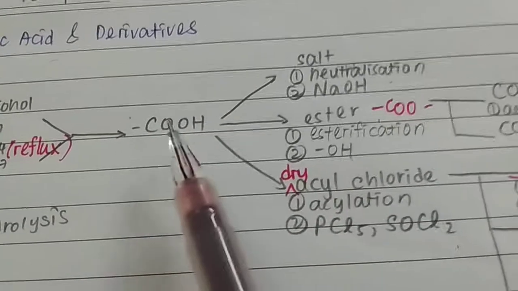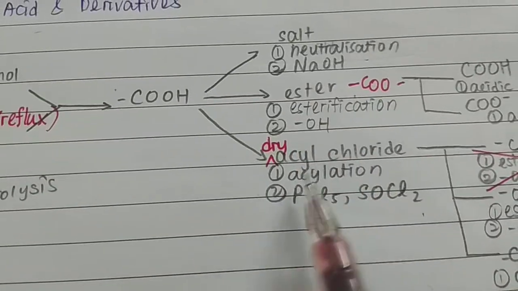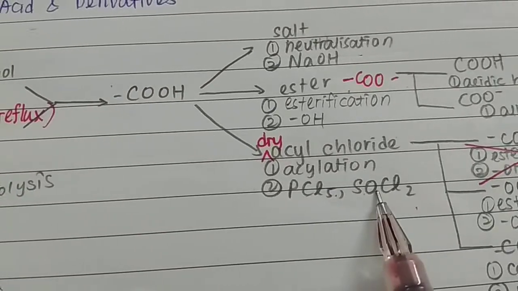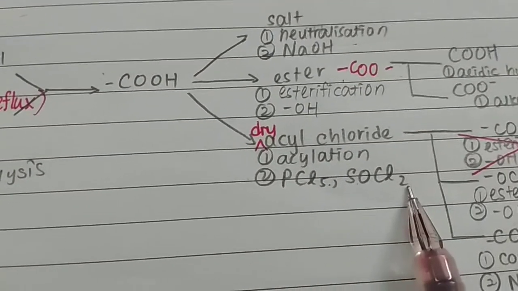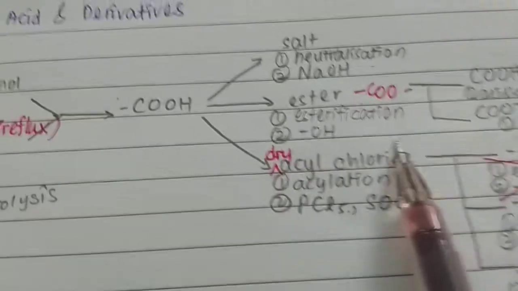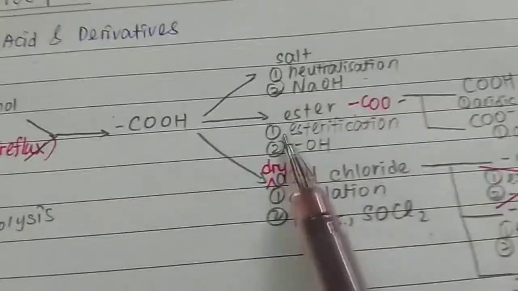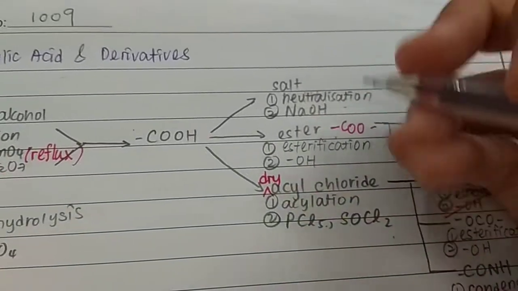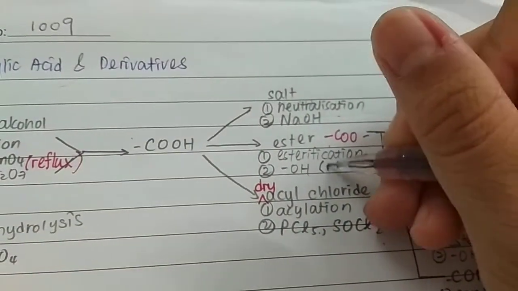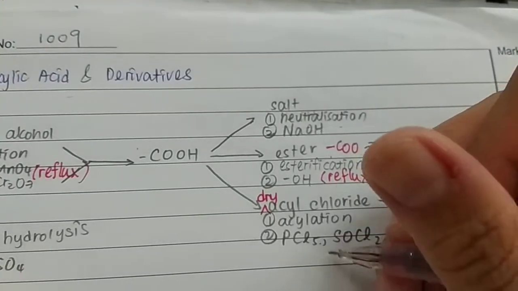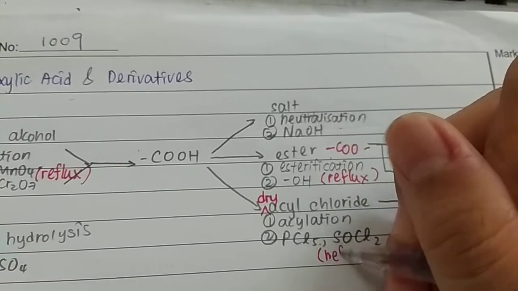When carboxylic acid reacts with PCl5 and SOCl2, they will give acyl chloride. And remember again, these two reactions have to occur when you heat it or reflux.